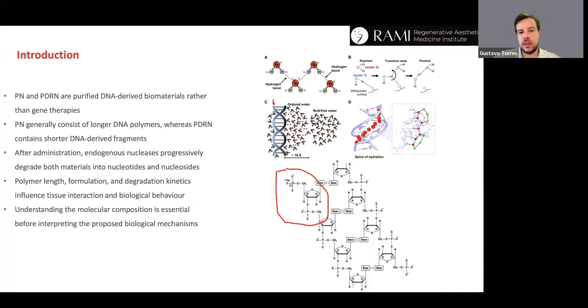Since we have these oxygens here, it makes it easier for water molecules to stay surrounding it. So this is the principle of hydration in any component. And it's also the principle of hydration when we inject nucleotides of any sort into the skin in view of volumizing or simply hydrating it, or when it's used topically for hydration. So the hydration is inherent to the chemical structure of the polynucleotide. But this is not going to be our focus today.